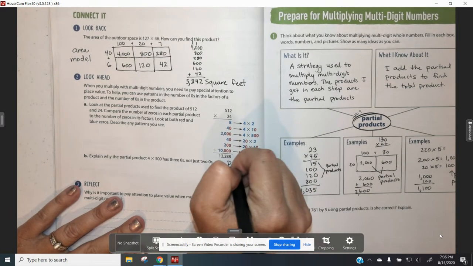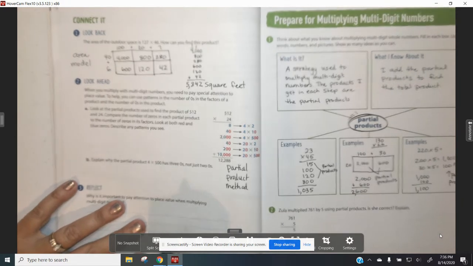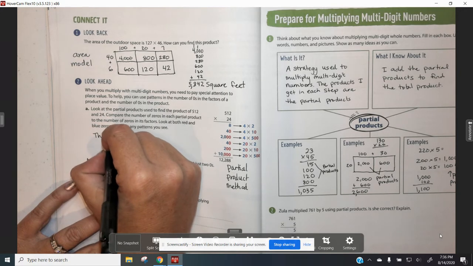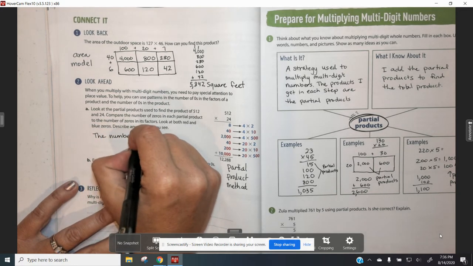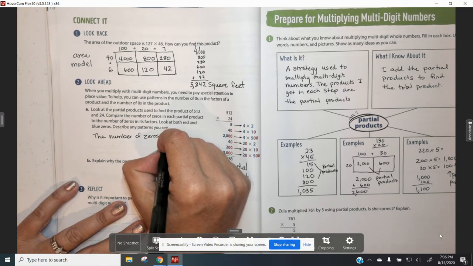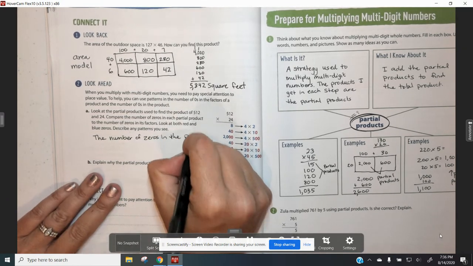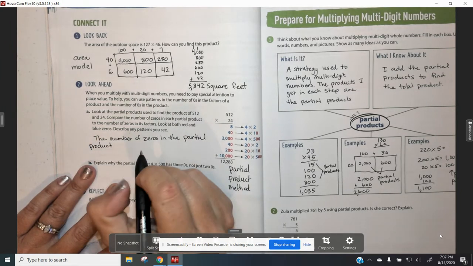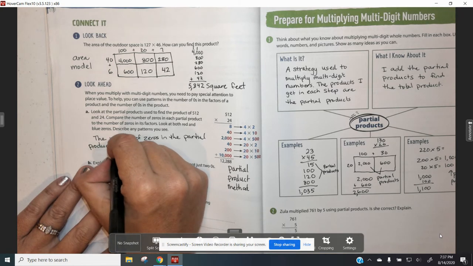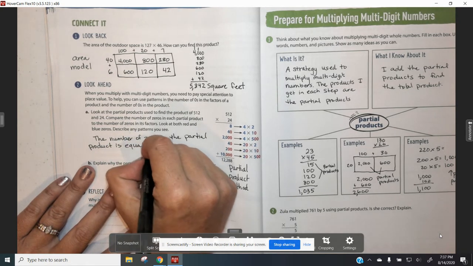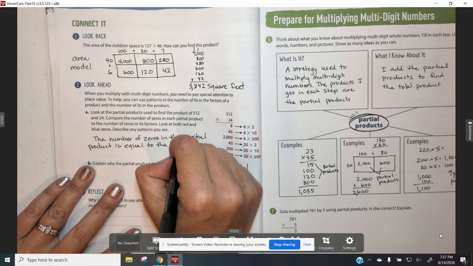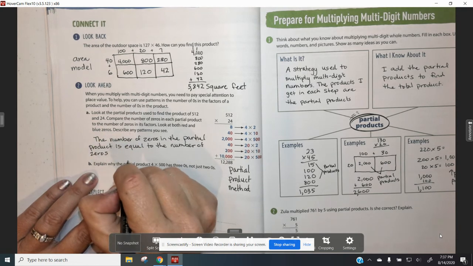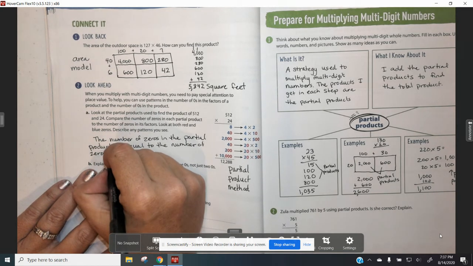All right, when we're looking at these zeros, here's what we see. The number of zeros in the partial product is equal to the number of zeros in the two factors.